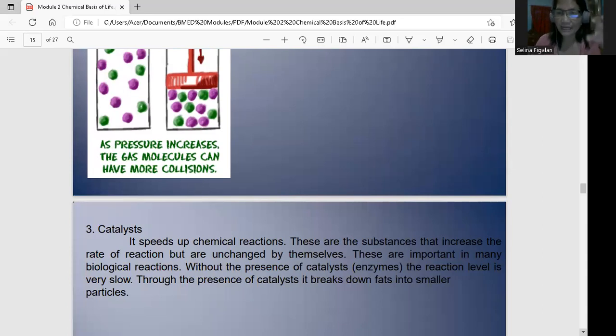Ang enzyme nagsi-speed up, nagpapabilis ng chemical reaction. If you notice, sa nilagang patatas ay walang bubble formation, walang chemical reaction. Why? Kasi namatay yung enzymes. Hindi gumana ang enzymes. Why? Kasi nalaga siya. But if you notice with the tap water, mas mabilis at marami ang bubble formation.